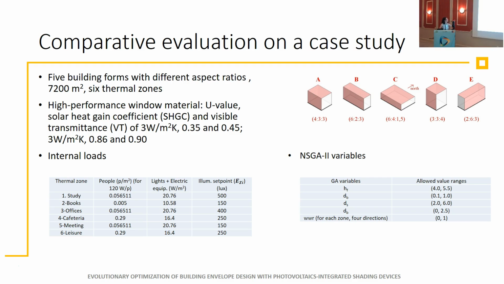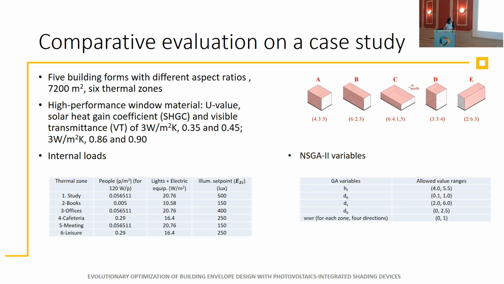Five building forms, as you can see to the right, are selected with different aspect ratios. The aspect ratios you can see at the bottom of each form. The total floor area is the same.